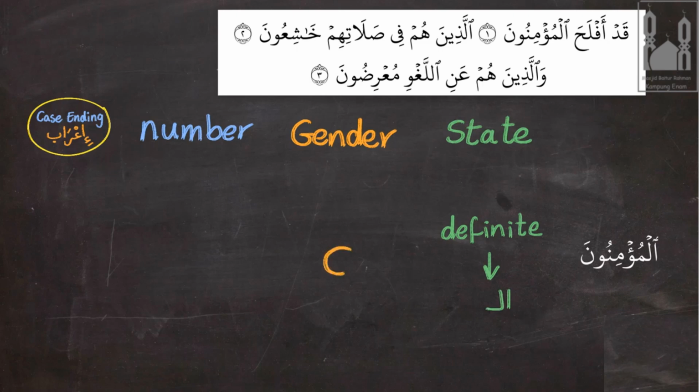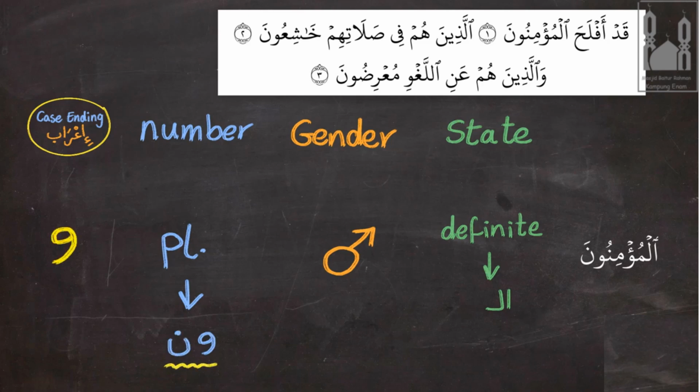It is masculine because it does not end with ta marbuta, and it does not belong to any of the categories of the feminine noun. And it is plural because it ends with waw nun, so it is a masculine plural. And last, the case ending for al-mu'minun is the long vowel waw.